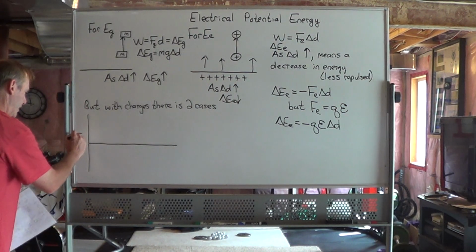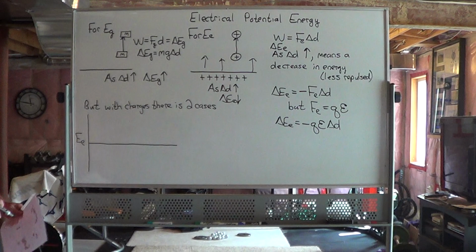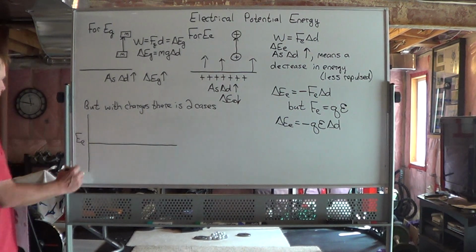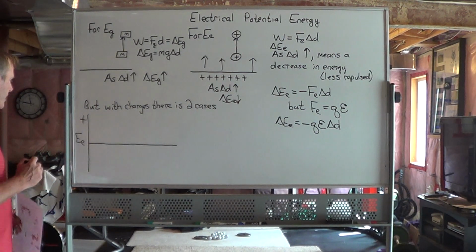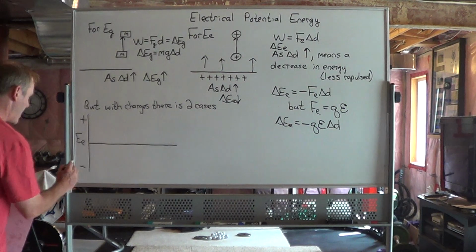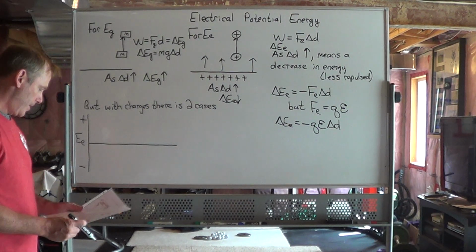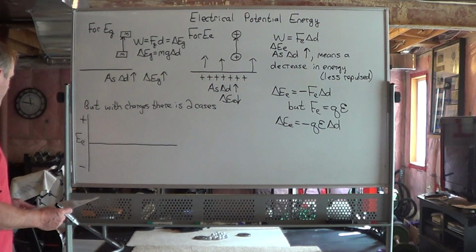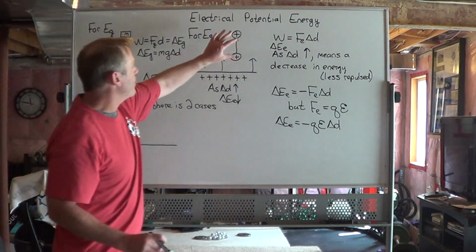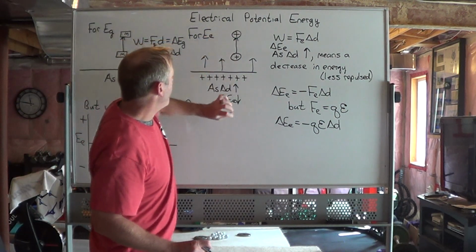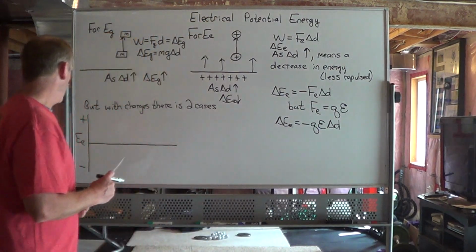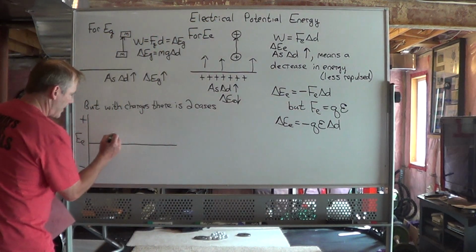Again, on the left on our y-axis, we're going to look at the electric potential energy, where we have positive electric potential energy and negative electric potential energy. What can happen is if you have a positive charge up here, the farther you move it away, the less energy you have.